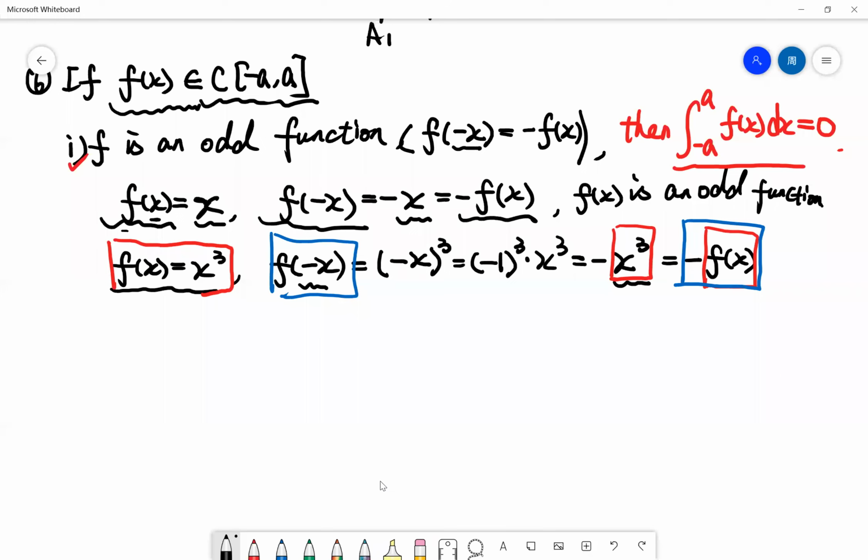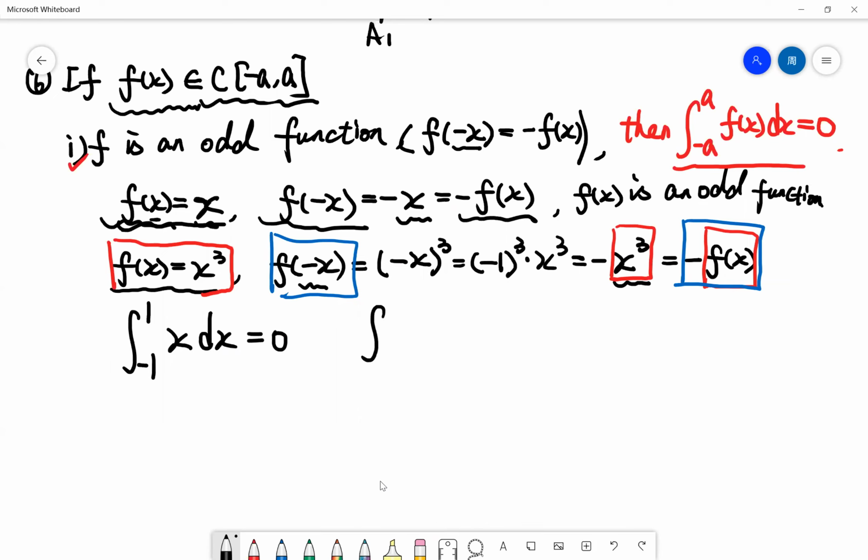here, this function f of x equals x. If we want to calculate from minus 1 to 1 of x dx, that will be 0. You can write 0 directly from this property.